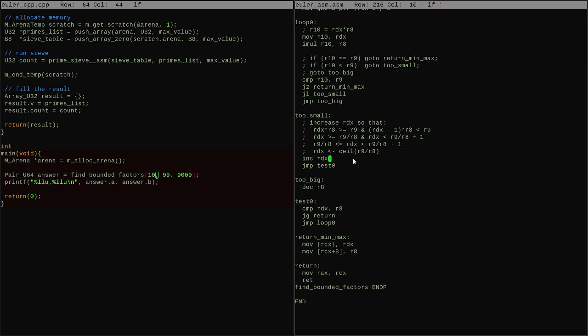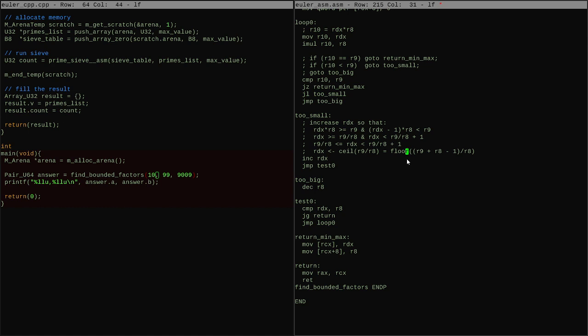Okay, so how are we going to do a ceiling on the division here, right? Well, I think it's actually not going to be too hard. This can be written as the floor of R9 plus R8 minus 1, over R8, right?